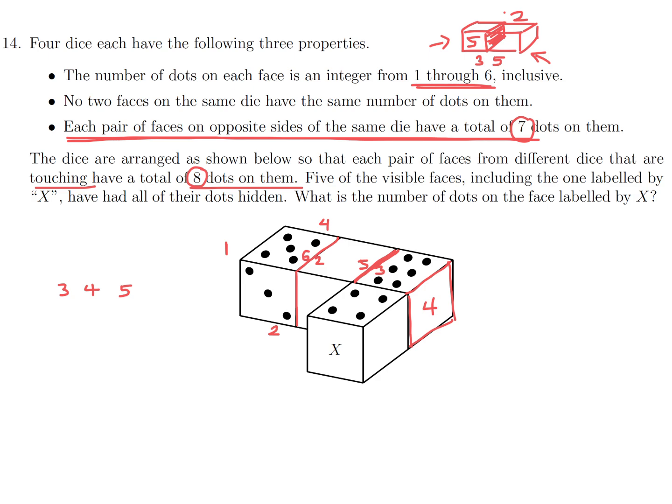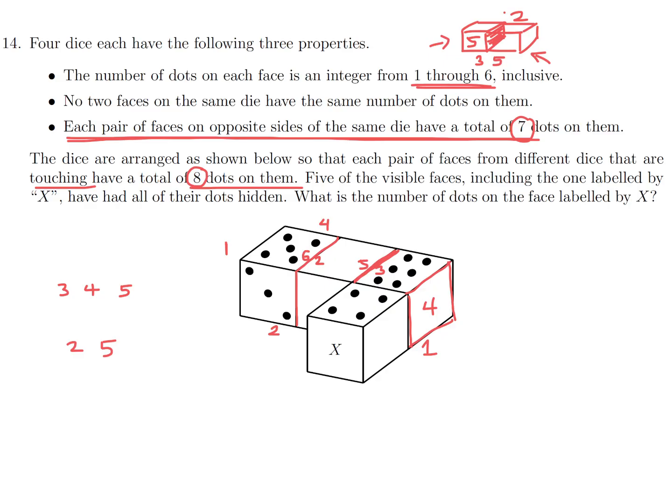Okay, great. And then since the top face is 6, the bottom face is a 1, and the only numbers I have left for that die are 2 and 5, correct? Yeah, 2 and 5. So then I have to figure out where the 2 goes and where the 5 goes.